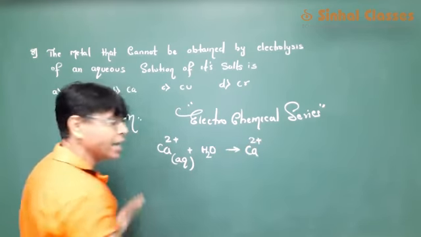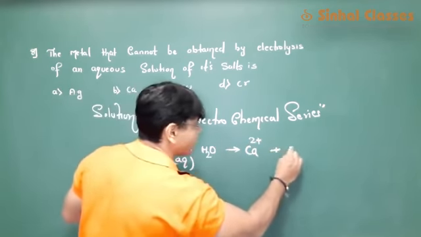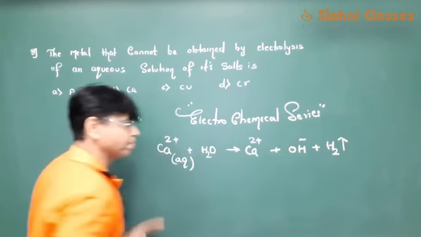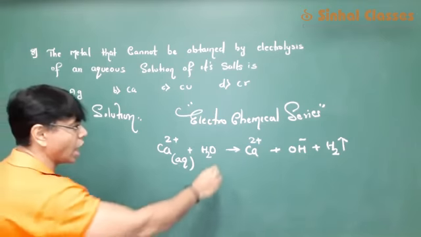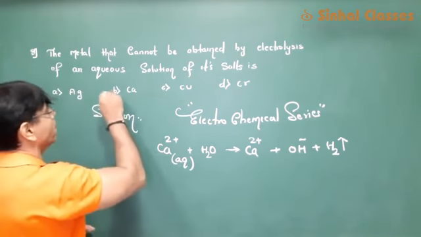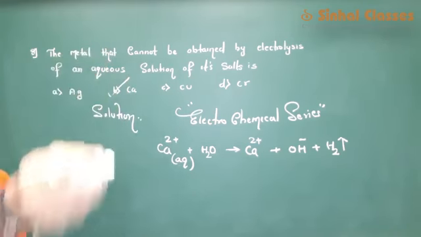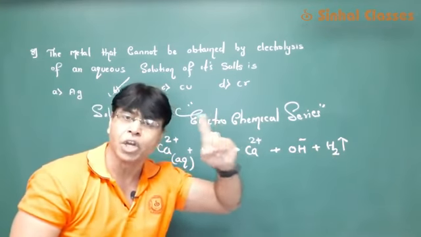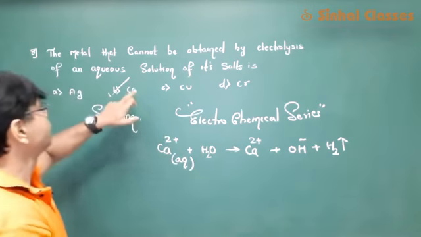Calcium ion will remain as it is, and water is reduced to OH minus and hydrogen gas. So your answer is calcium, which is higher in the electrochemical series. So it is difficult for us to electrolyze calcium.